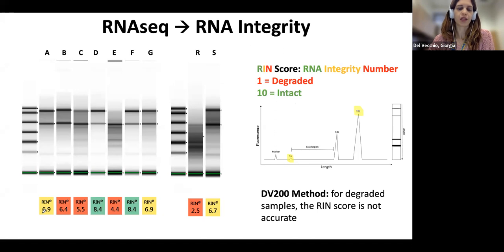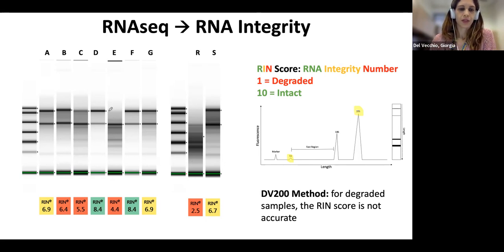Everything that's below 7 is still good, but you start to have some degradation here. And then red is low quality RNA. Of course, 6.4 is low quality RNA, but it's totally different from the 2.5.